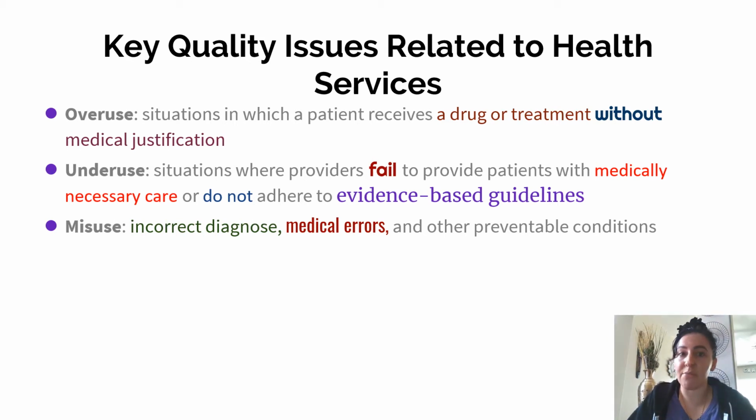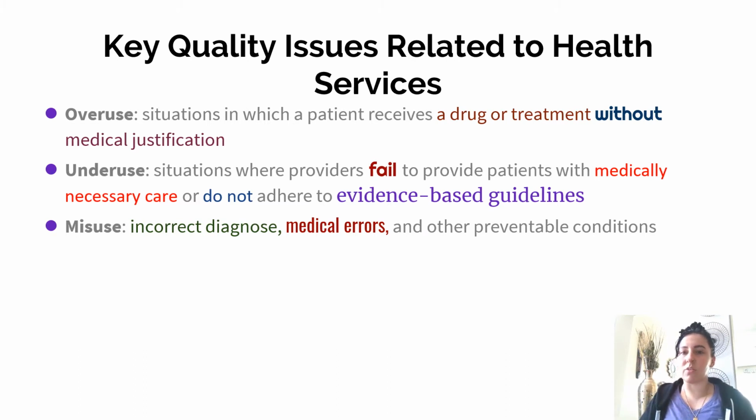All right, so we have 3 key quality issues. Okay, 3 terms we're going to look at here. First, we have overuse, then we have underuse, and then misuse. Okay, so overuse. This is when, let's say, a physician over-prescribes or gives more than what is actually needed, or gives extra.